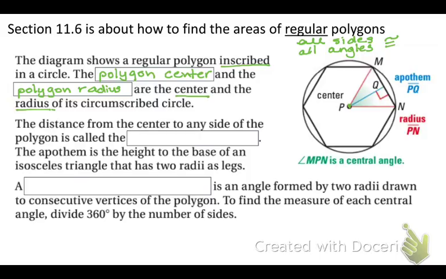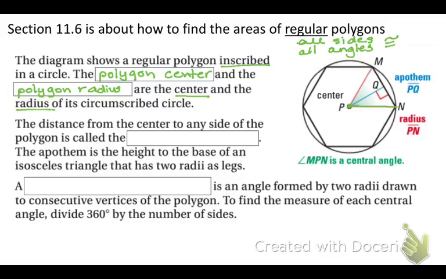The center of the polygon, the hexagon, is P. The center of the circle is also P. The radius of the polygon, let's say P to N, is also a radius of the circle. So that's important to remember. Anytime you draw a line from the center to one of the vertices, you're basically drawing the radius of the circle.